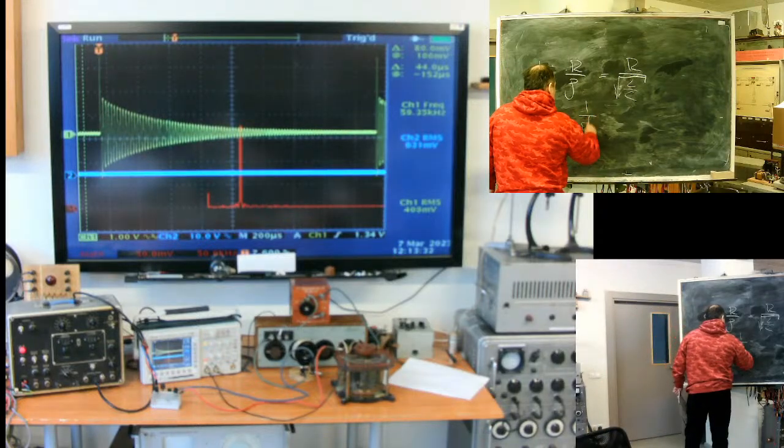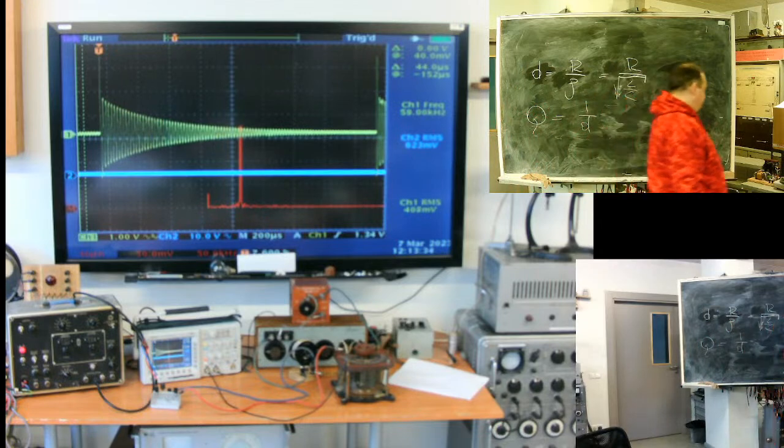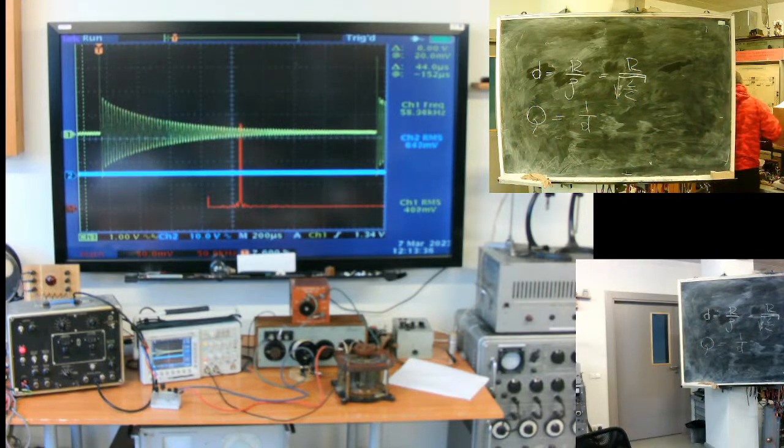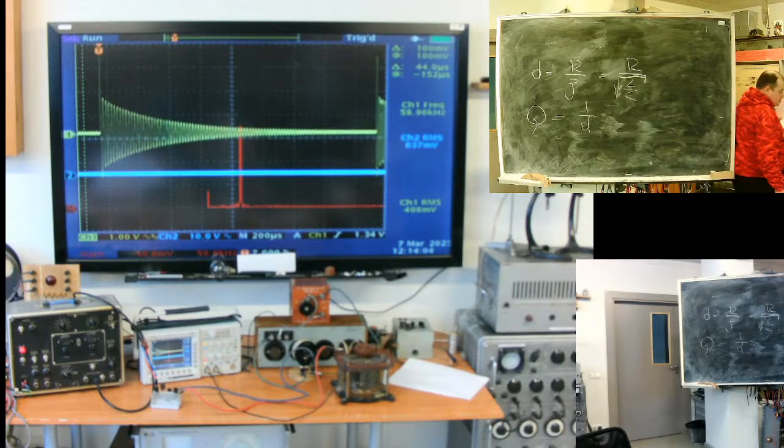Q is 1 divided by the decrement. It characterizes the quality of the oscillating system.